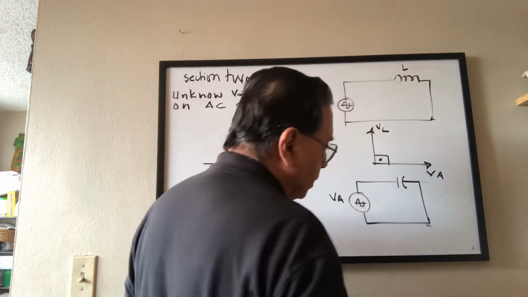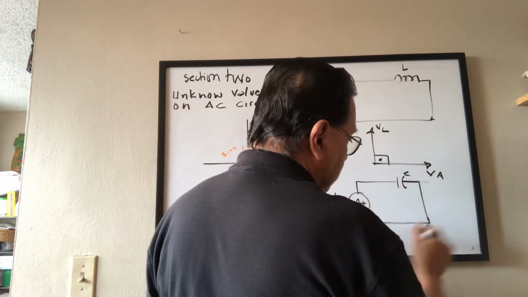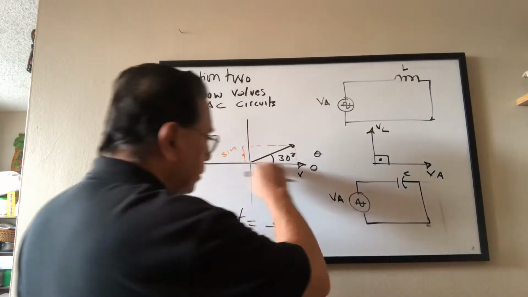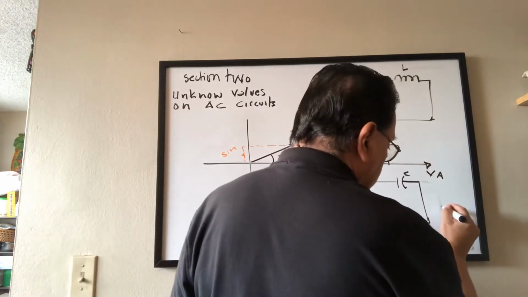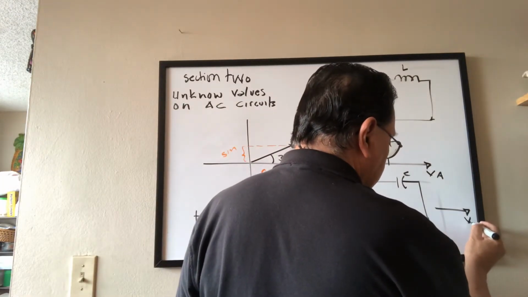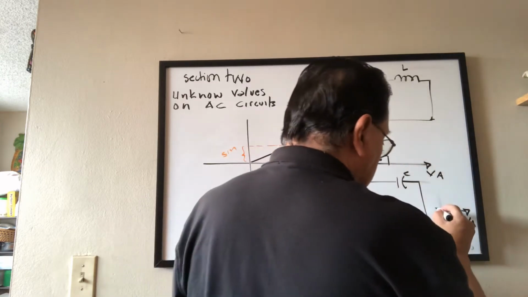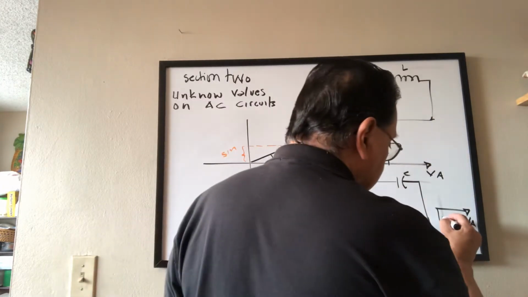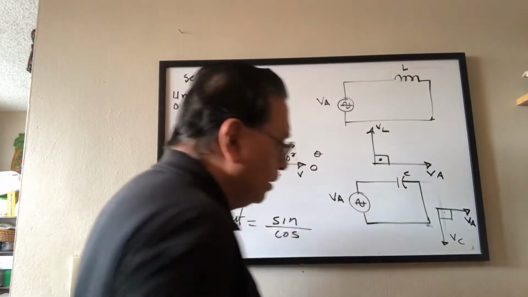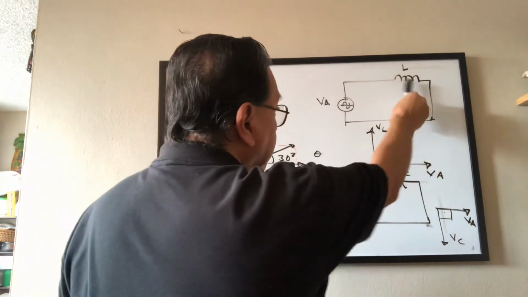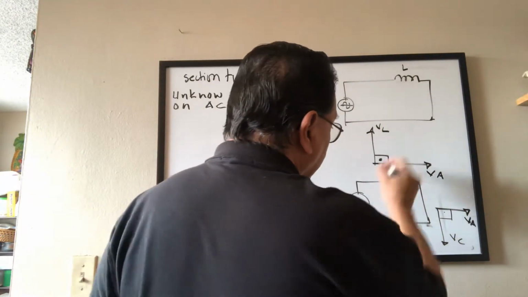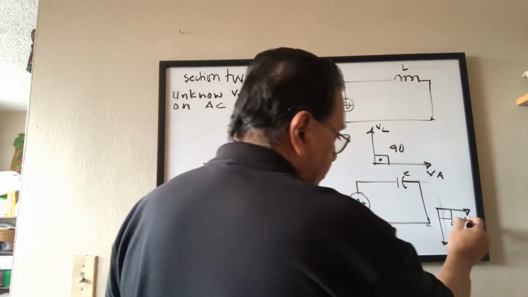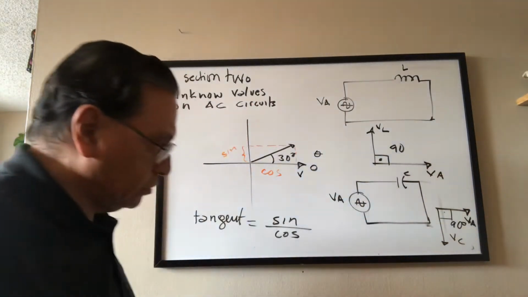Right here on the capacitance, when we have a capacitor, we always represent the VA voltage, the voltage by the source, at zero degrees, and the voltage on the capacitance is 90 degrees behind. Okay, so the voltage on the inductance is 90 degrees ahead, and the voltage on the capacitance is 90 degrees behind in regards to the voltage on the source.